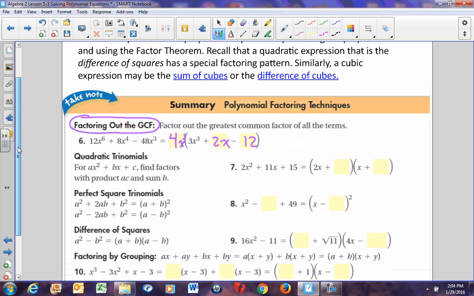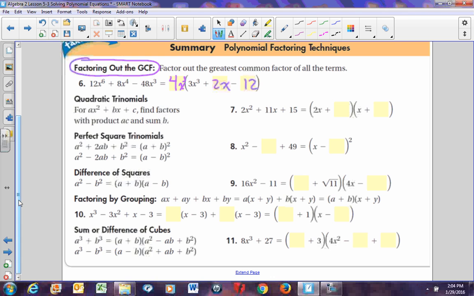Now, quadratic trinomials, remember these are where we're looking for the product and sum. In this particular case, I would look for a product of 30 and a sum of 11, which would be 6 and 5. So then I would do 2x squared plus 6x plus 5x plus 15, and then factor first two, last two.